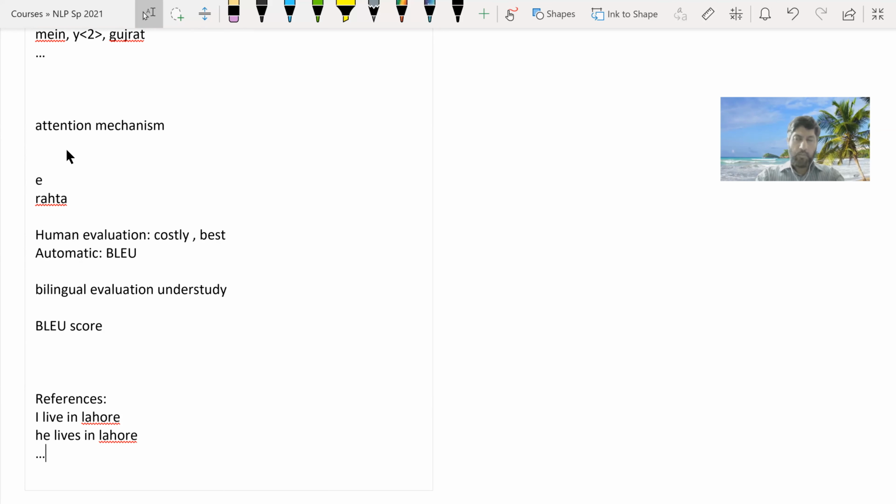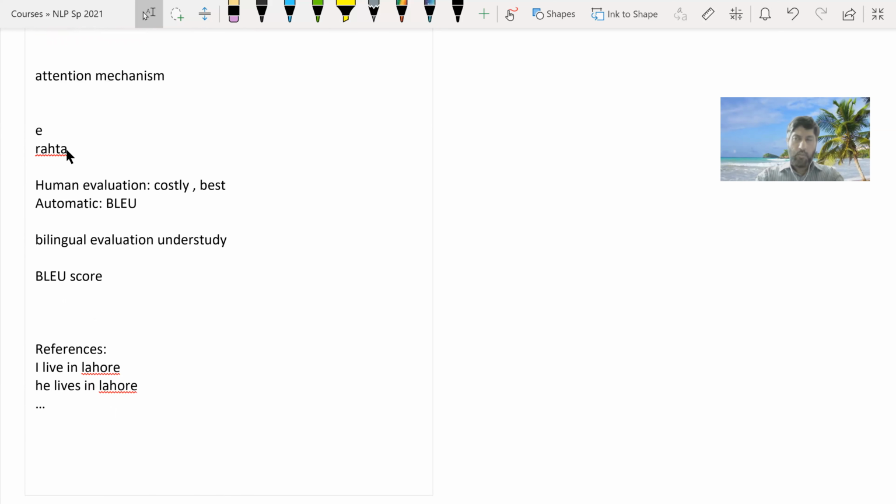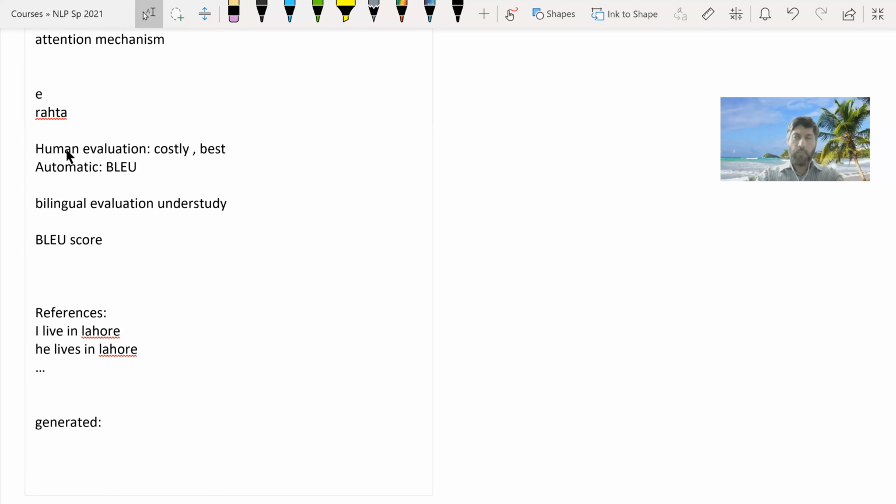So these are reference sentences, and then there is also the generated sentence. The generated sentence might be erroneous, for example, "live I Lahore".